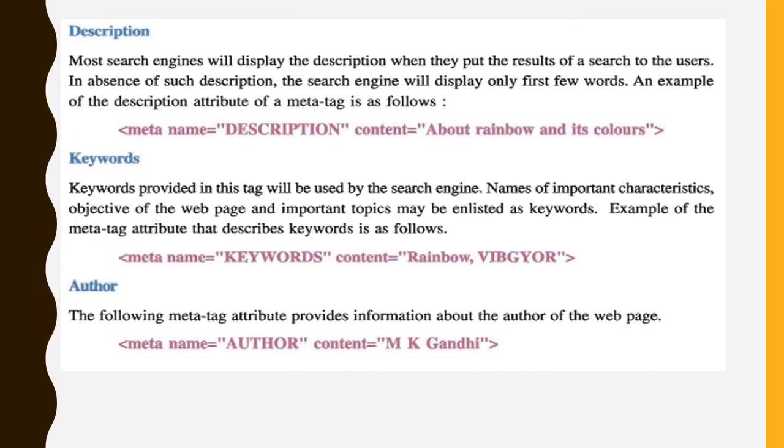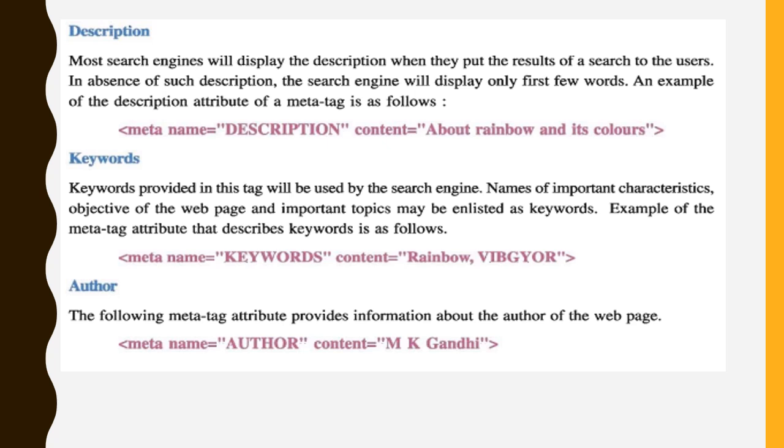Let us understand the attributes of this meta tag. Most search engines will display the description when they show the search results to users. In the absence of such a description, the search engine will display only the first few words. An example of the description attribute of the meta tag is as follows.